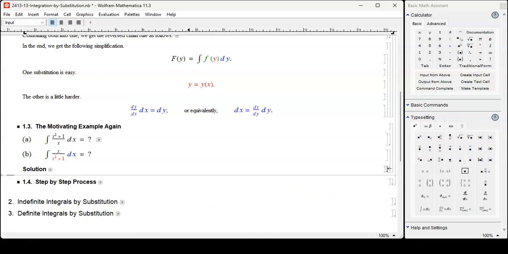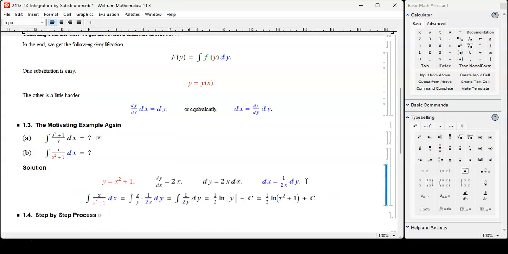I have the same thing here. Substitution number 1, inside of a composite function, derivative computations to get substitution number 2. You see, you earned red and also blue. Red inside and blue dx.